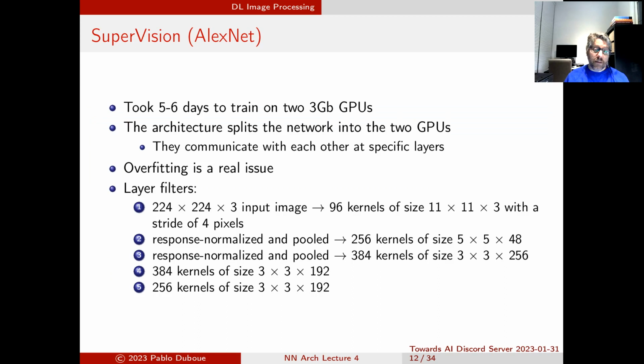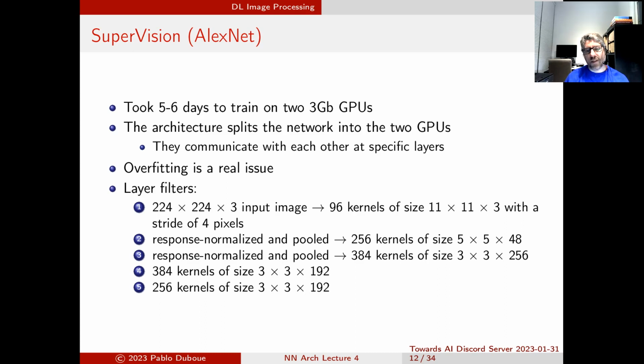So this system took 5 to 6 days to train using only 2 3-gigabyte GPUs.